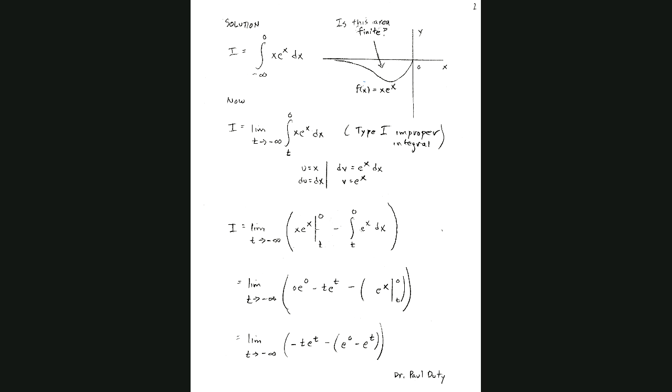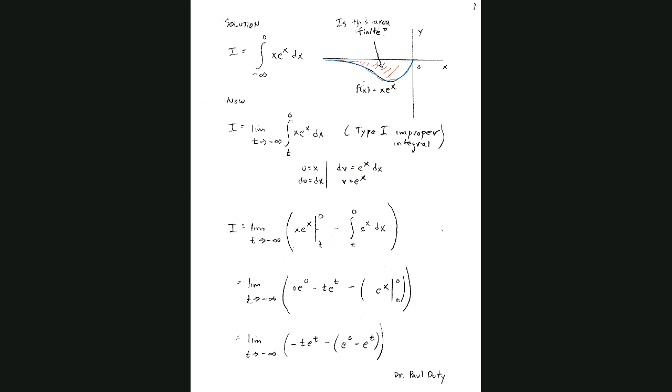I'm drawing the function from x equals 0 to negative infinity, or I might say from negative infinity to x equals 0. What we want to do is find this area, the area between the x-axis and the function. And we know the area is going to be negative.